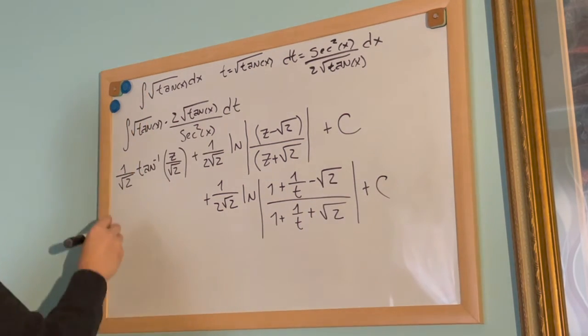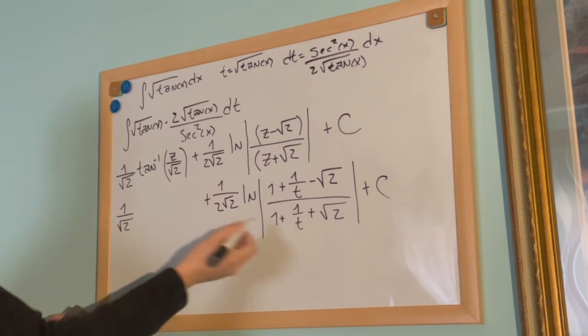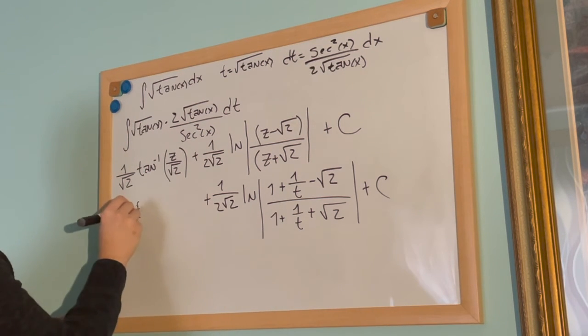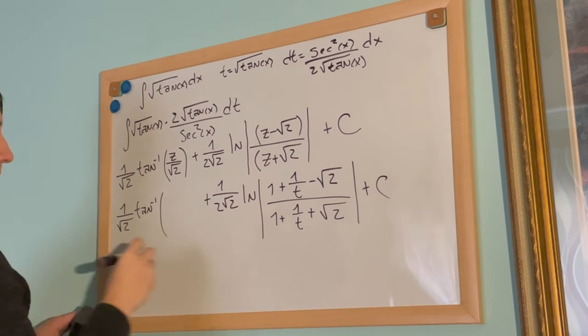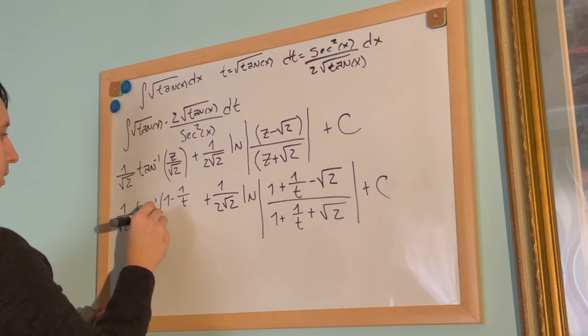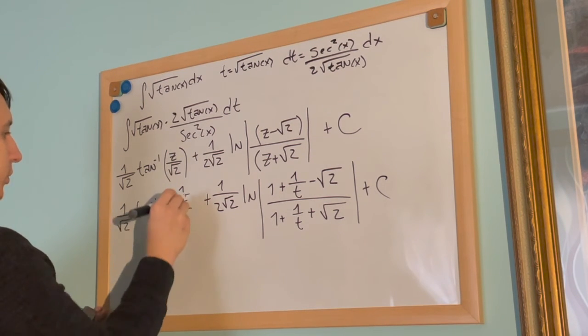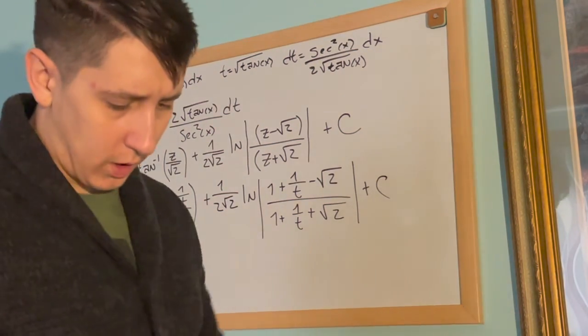And on this side, if one of them is going to be the t plus, then the other one has to be the opposite, just by logic there. So this would be 1 minus 1 over t, root of 2. And that's what we would have here thus far.